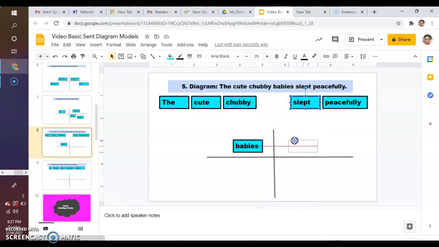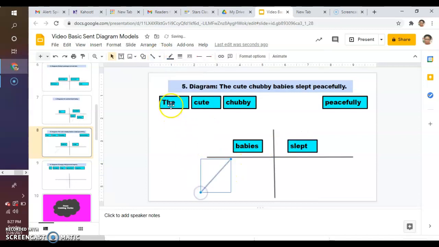So you put slept here. All right. Everything else is modifying, right? So you might think, is it more connected to the baby or to the slept? Well, it's kind of more connected to the baby. So you can say it's modifying the subject. So we'll put it here.